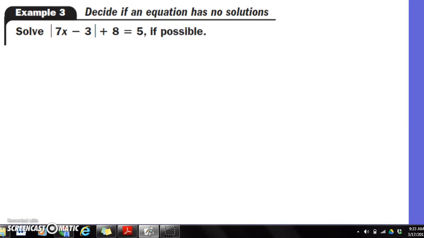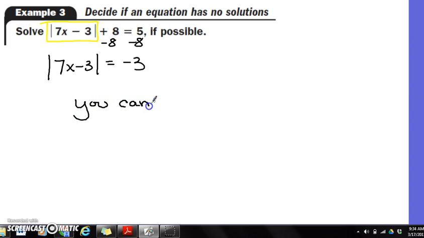Moving on to the next page, we have one last problem. So let's see about it. Again, you can't do anything until this is isolated. So we are going to subtract the 8, subtract the 8. 7x minus 3 in absolute value will equal negative 3. This can never happen.